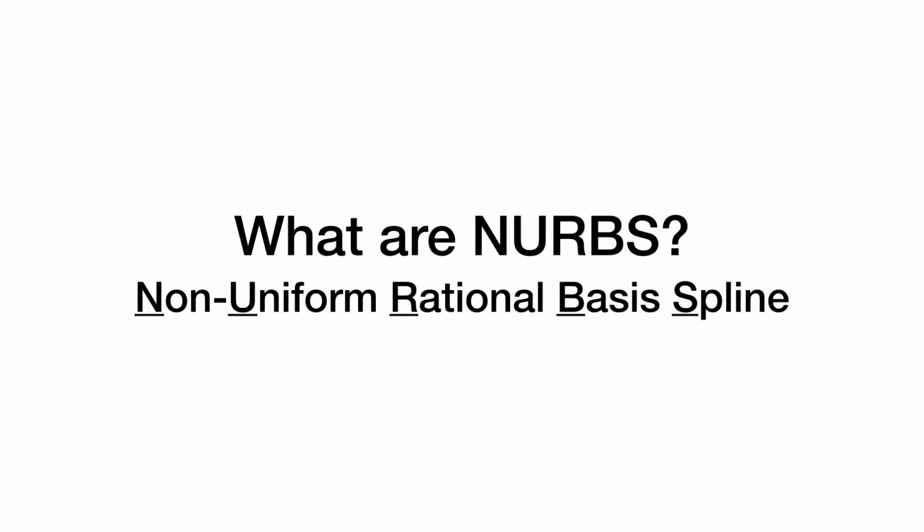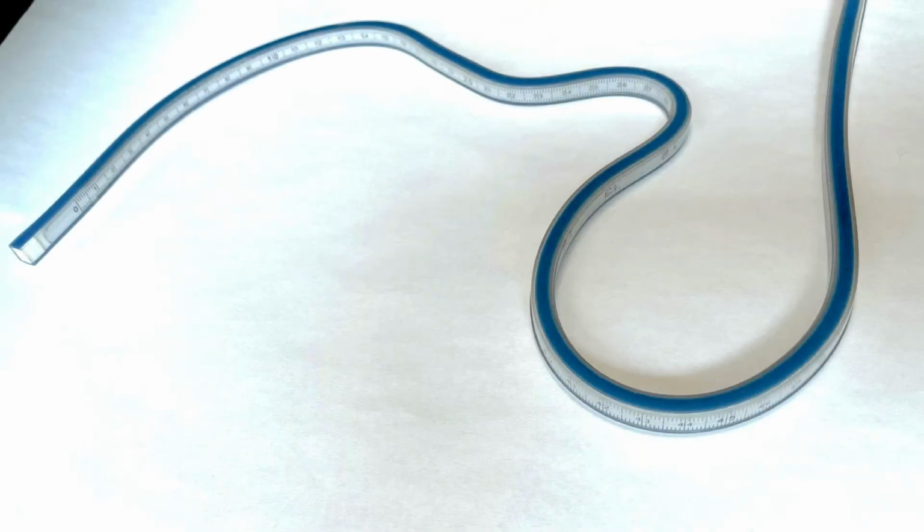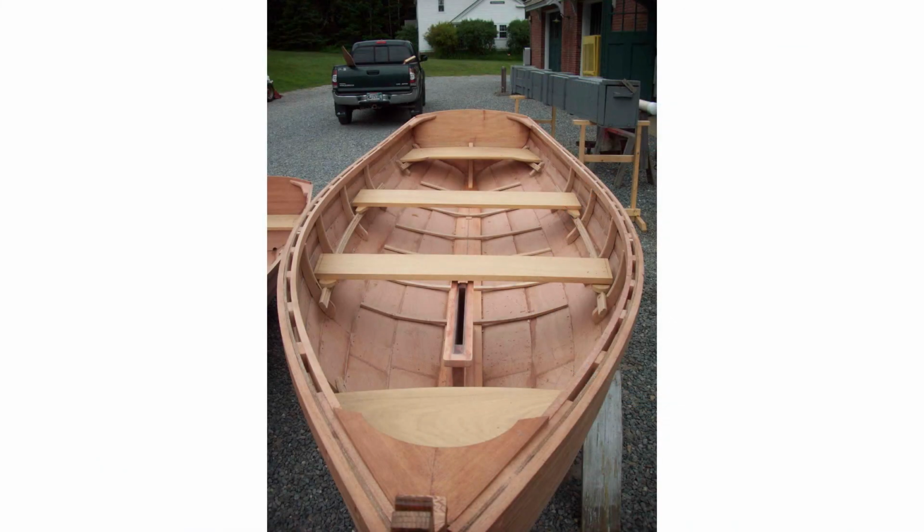So basis spline. If you've ever used one of these in your drafting drawer, or one of these, or if you've ever built one of these, you've actually worked with splines. And splines are actually what we have when we draw polylines in Vectorworks, or in the Adobe suite. If you've used paths, you've actually worked with splines.